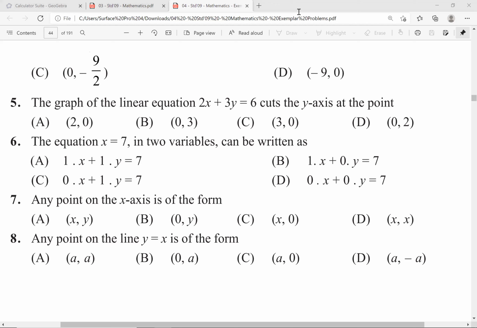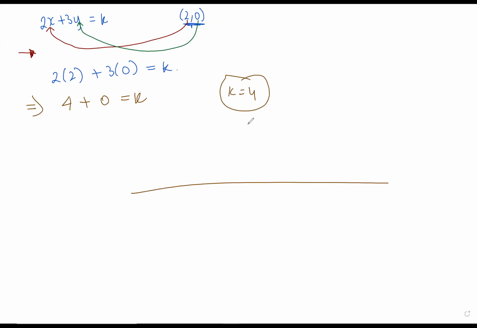So just a minute. If this is my Cartesian plane, my x-axis, y-axis, and so on, and let's say my line is like this, right? Then it is cutting the y-axis at this point.